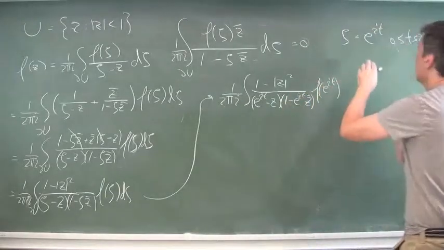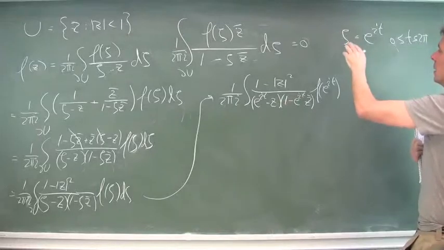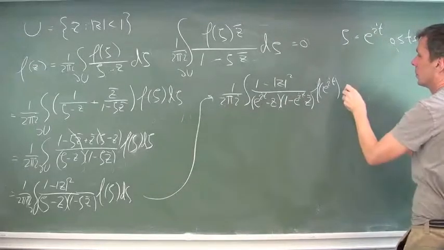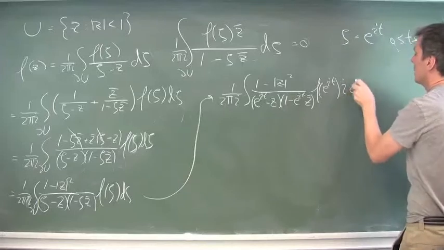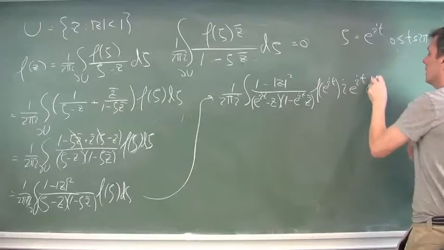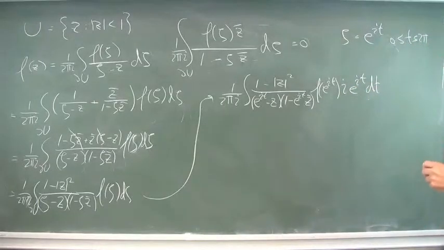And then we have the differential of this, which will then be i times e to the i t dt.